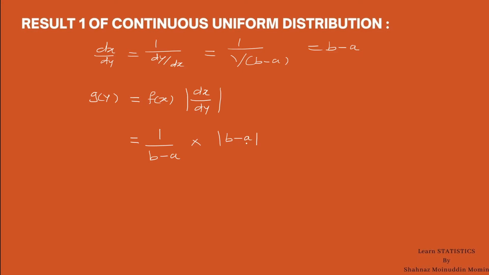Since b is greater than a, this absolute value is positive, and it is b minus a. This b minus a gets cancelled, so g(y) is 1. Here we get the PDF of y.